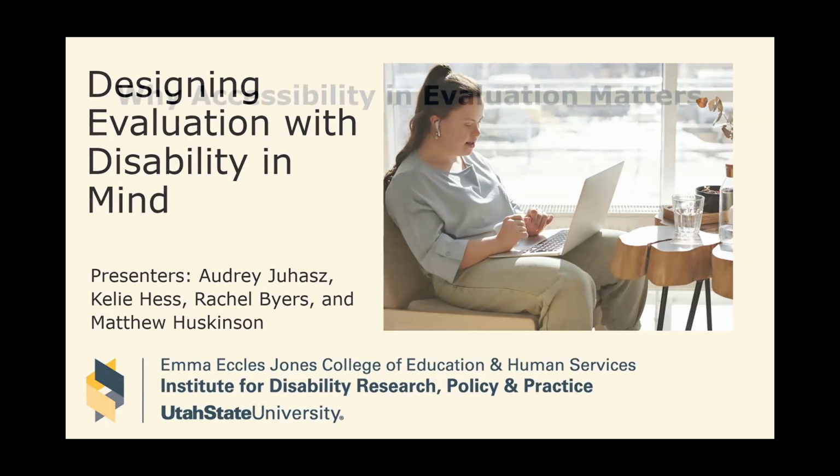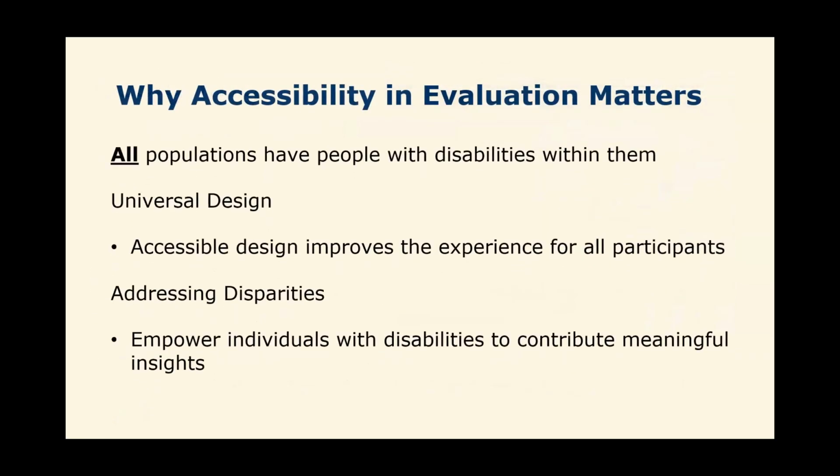So to get us started, we wanted to talk about why accessibility in evaluation matters. And really what this comes down to, for me at least, is that we need to recognize as researchers that all populations have people with disabilities in them. So from this perspective, no matter what topic area you're evaluating or researching, we need to make considerations for people with different use needs.